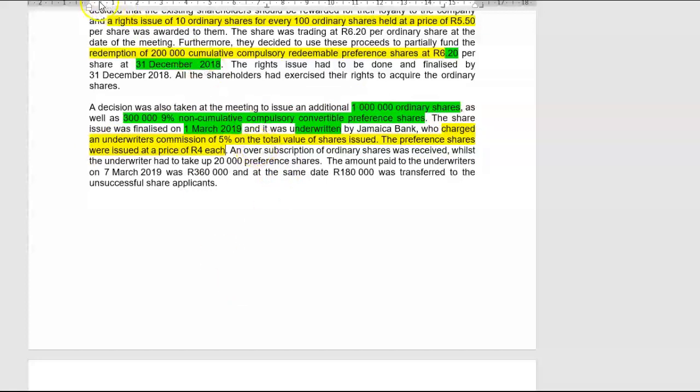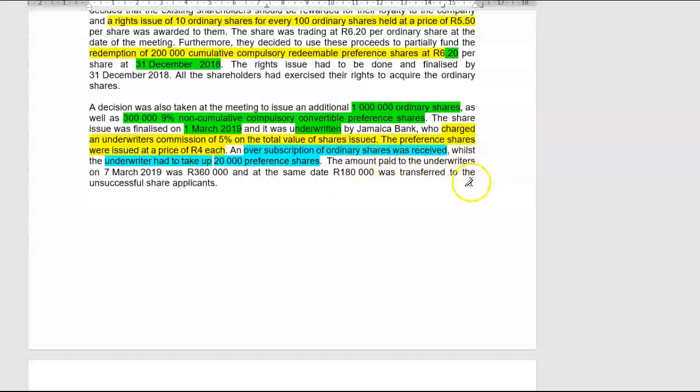An oversubscription of ordinary shares was received, whilst the underwriter had to take up 20,000 preference shares. So there was an undersubscription on preference shares. The underwriter had to take up 20,000 shares. At what price were these preference shares issued? At R4 a share. So they had to pay in 80,000 rand.